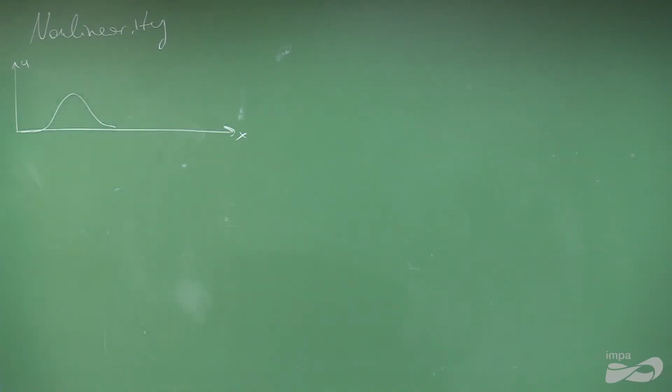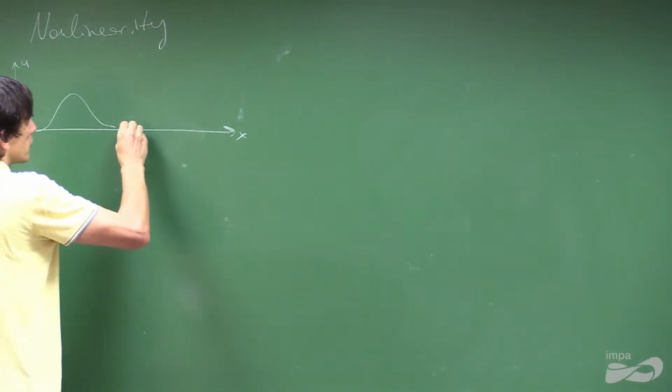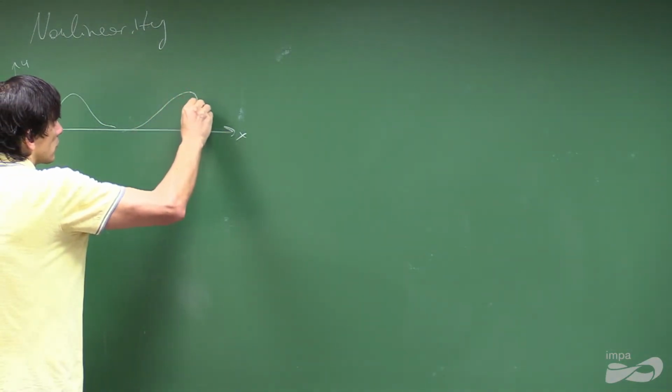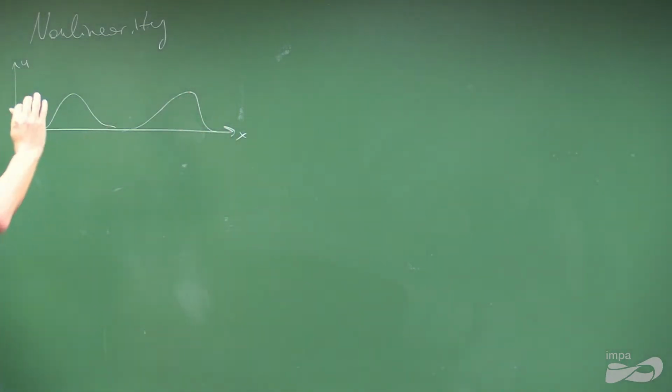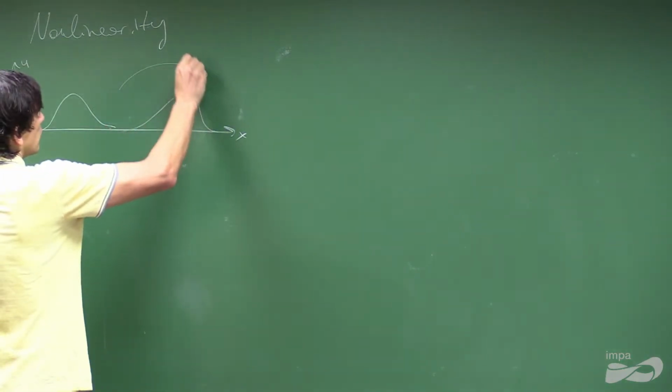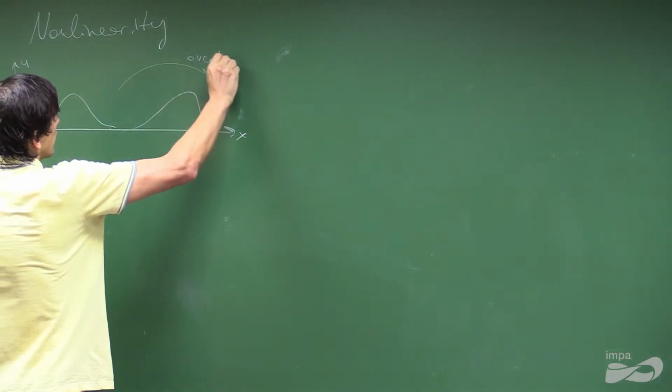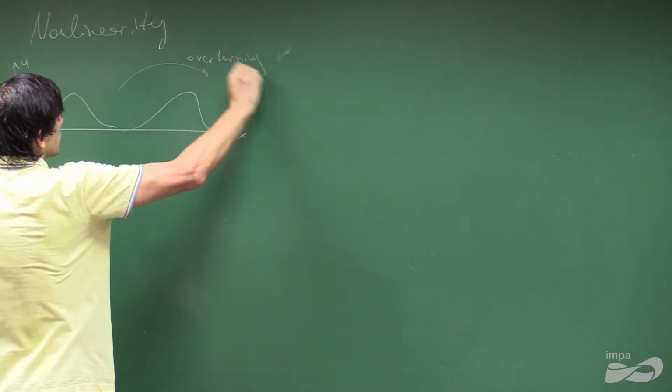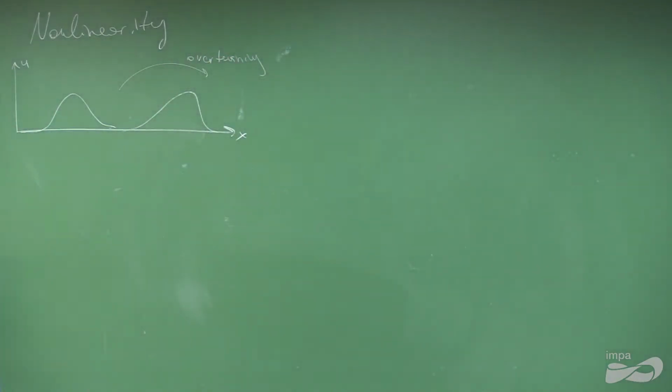What happens with time, depending on the sign of nonlinearity, is that it will deform the wave to one side, to fall in front or to fall backwards, depending on the nonlinear coefficient. So its effect is that it tries to overturn the wave.